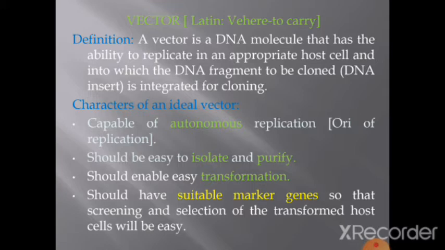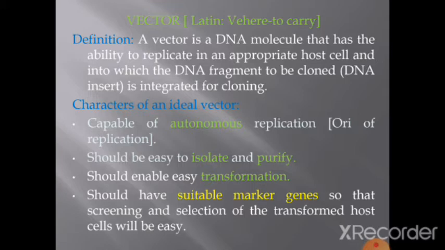So, a vector is a DNA molecule that has the ability to replicate in an appropriate host cell and into which the DNA fragment to be cloned, what we call the DNA insert, is integrated for cloning.